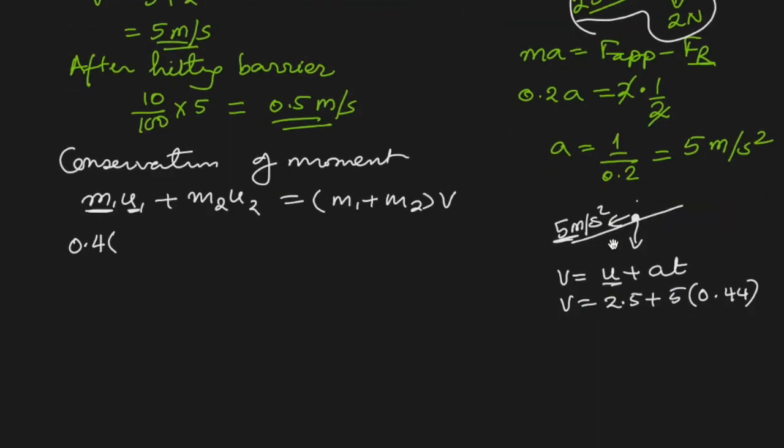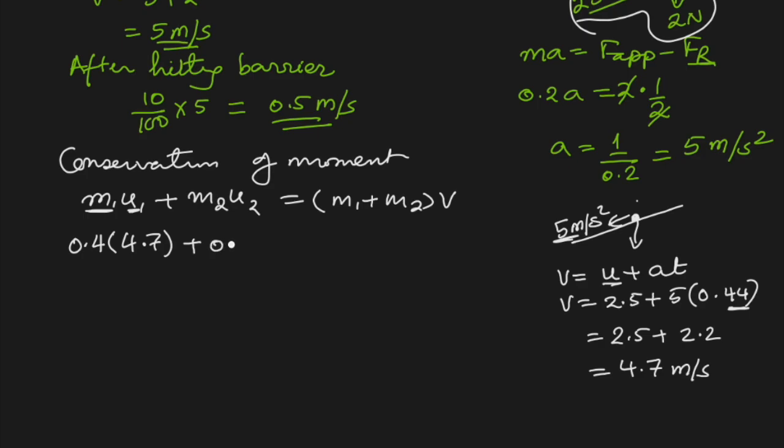So by the time particle B went down, hit the barrier and went back, A kept on coming down, so time used is this one. So v equals 2.5 plus 2.2, which is 4.7 meters per second. This will be used for particle A.